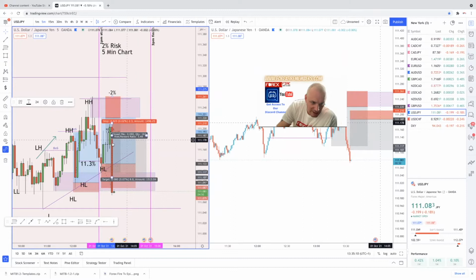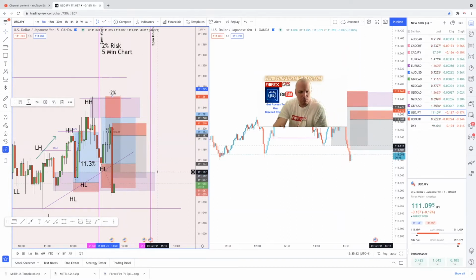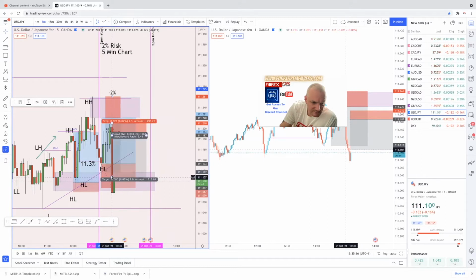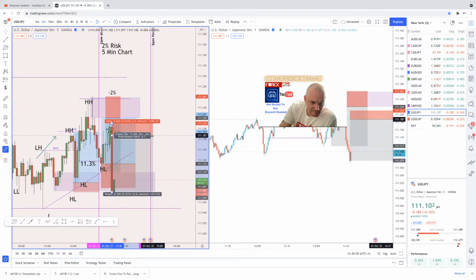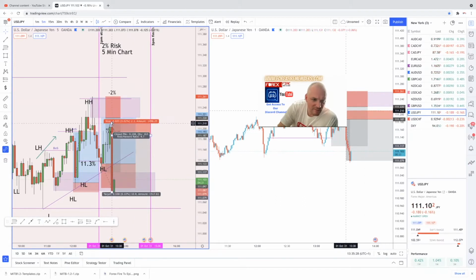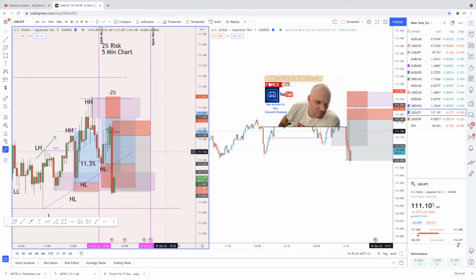Let's see if we get the pull back into this area here. Put a bit of a buffer there.